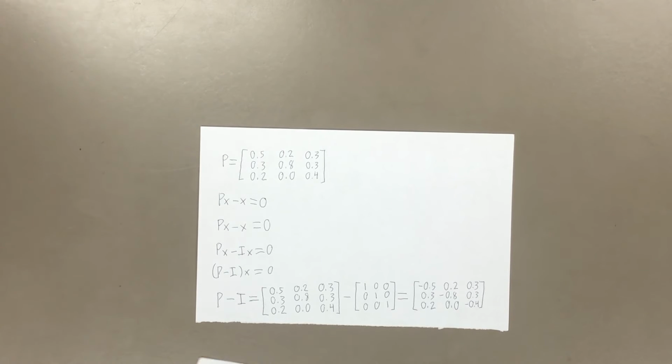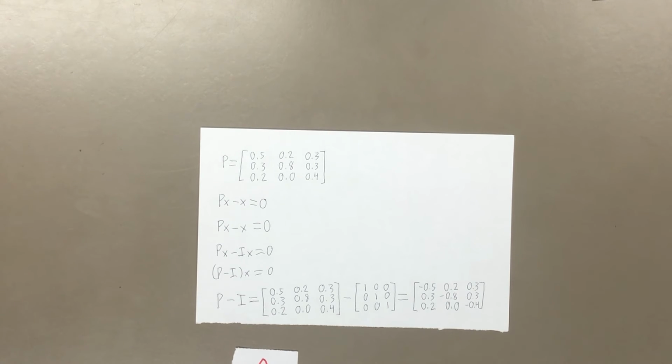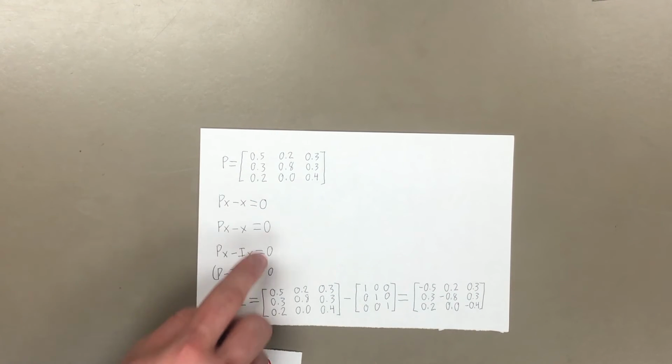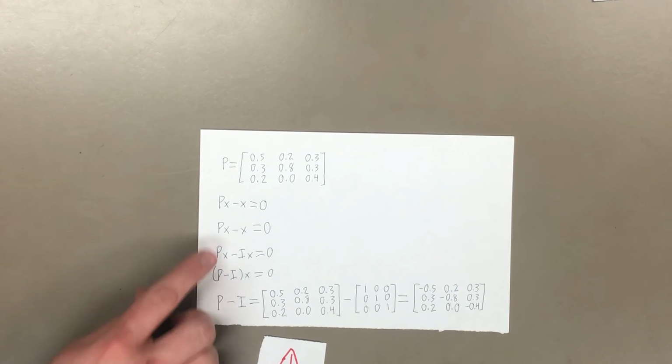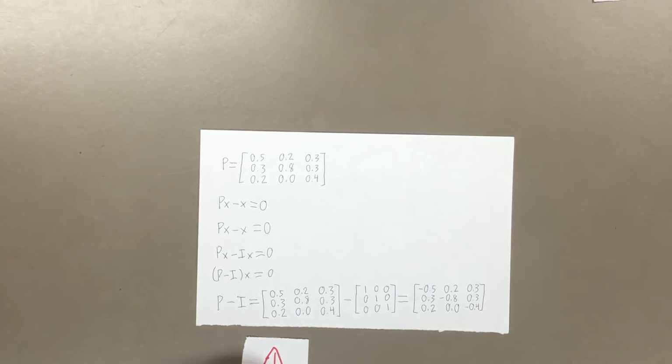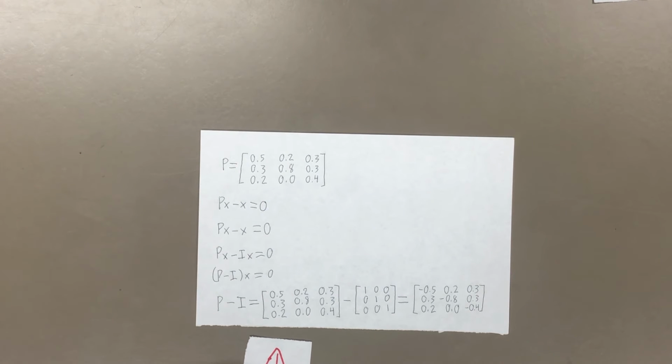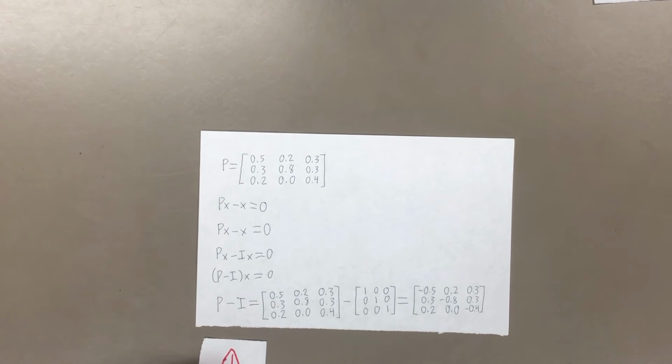Let's look at our original stochastic matrix of 0.5, 0.2, 0.3, 0.3, 0.8, 0.3, and 0.2, 0, 0.4. We want to solve the equation Px equals x. If we move an x over, we see Px minus x equals 0. We know that the identity matrix times a matrix is itself, so we can say Px minus the identity matrix times x also equals 0.